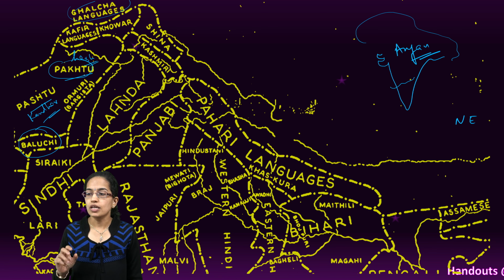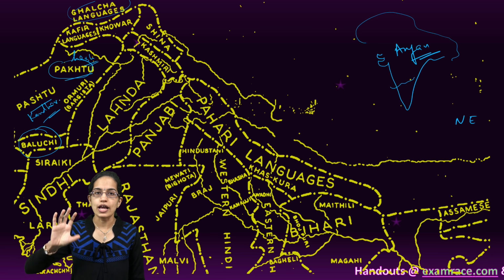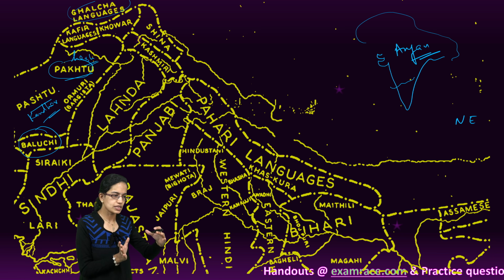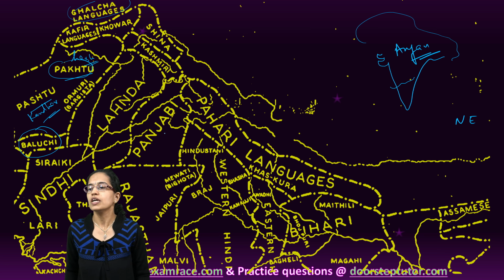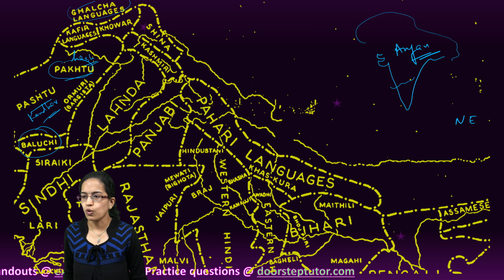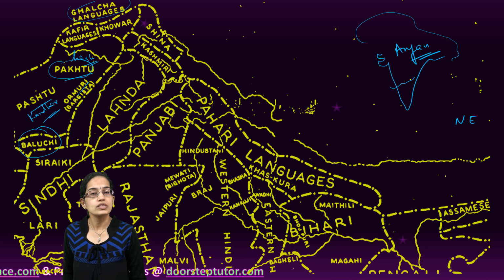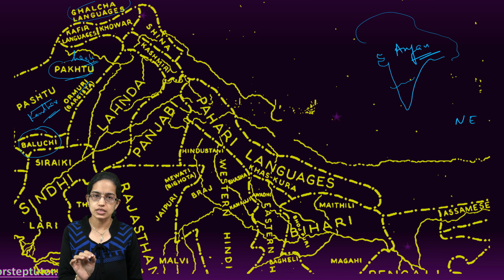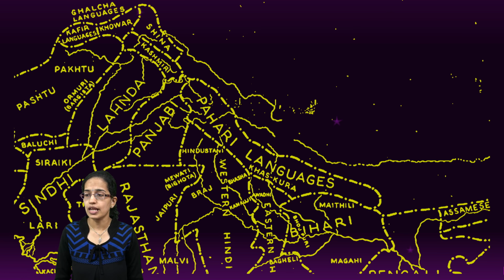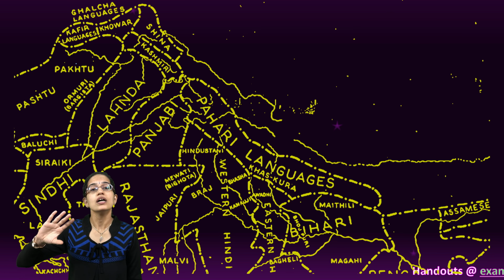So that was a major difference between Pashtu and Pakhtu. However, both of these languages were close by, not very far off. And then another important language was Ormuri, the language of Waziristan. So these were the languages that were spoken in the northwest.